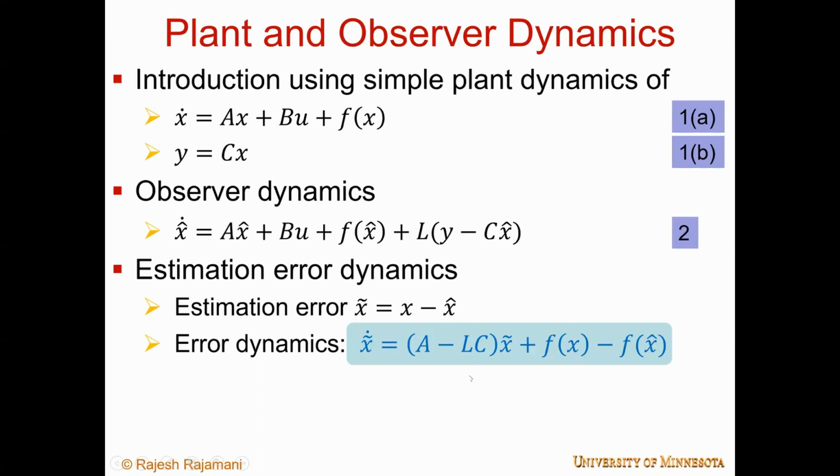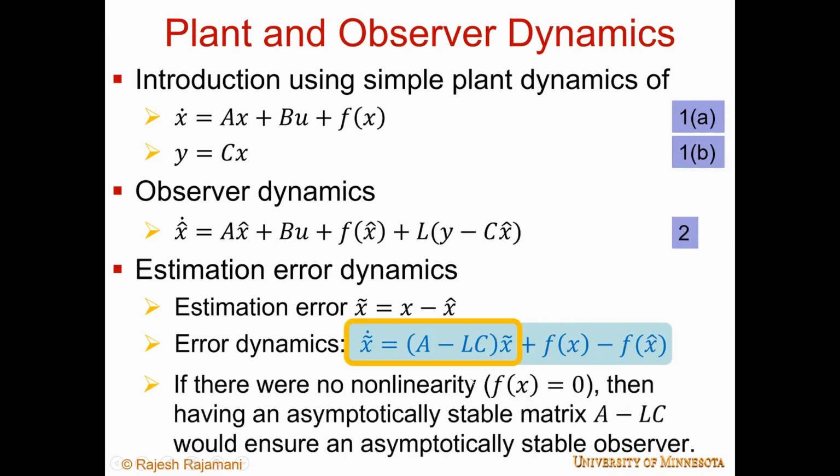So if you had a linear system only, without the nonlinearity, then your closed loop estimation error dynamics would have just been a minus LC times x tilde.